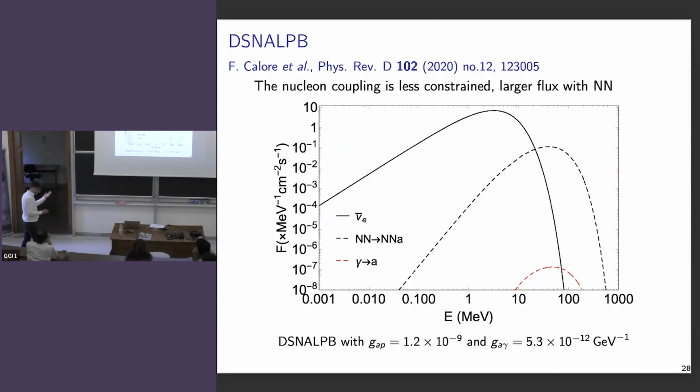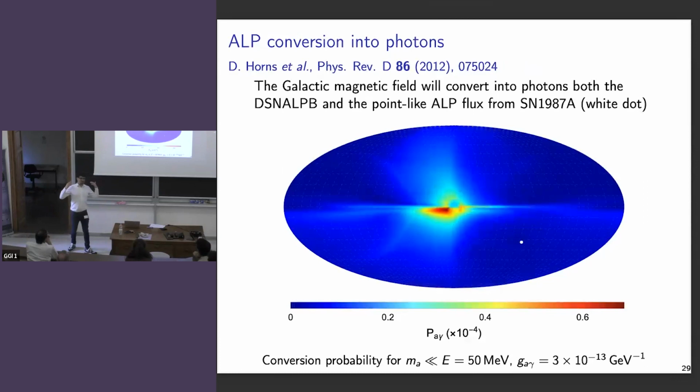So what happens? We have seen that this neutrino background, and so the supernova background, is isotropic, but they travel until reaching our galaxy, and then they can convert into photons inside the Milky Way. Therefore, since it is isotropic, what we see in the end is a gamma ray signal with a morphology which is related to the morphology of the magnetic field inside the galaxy.